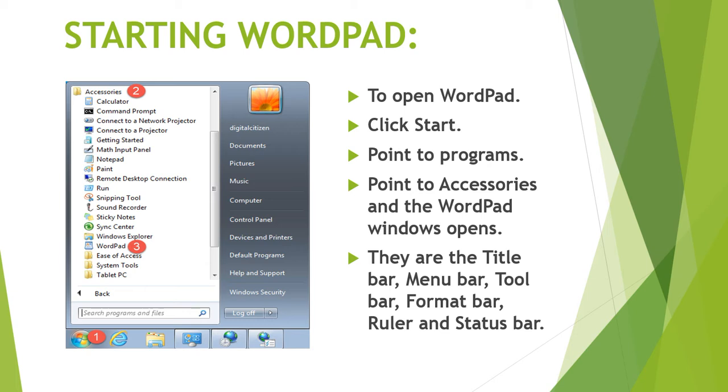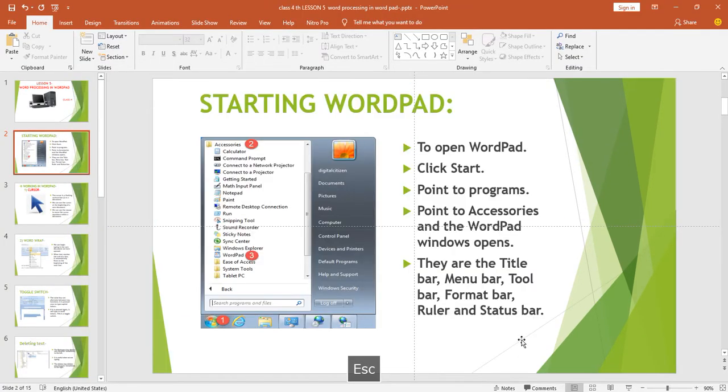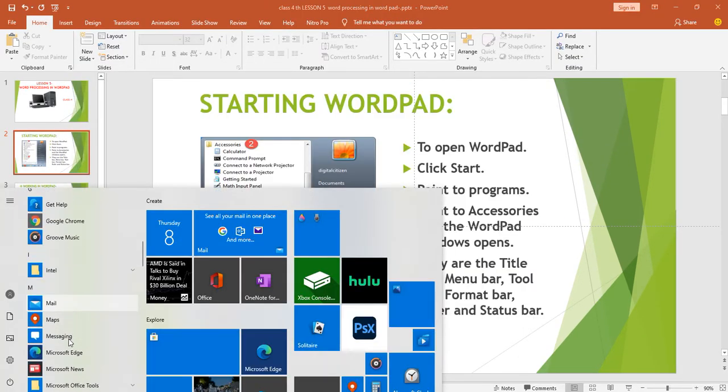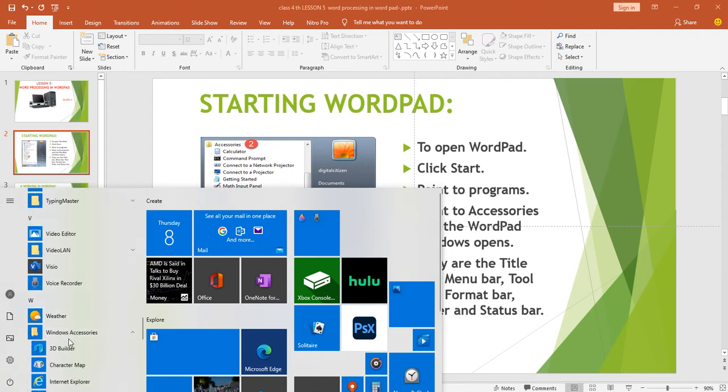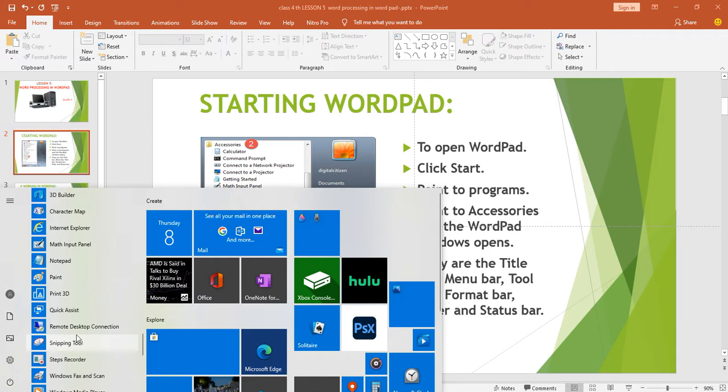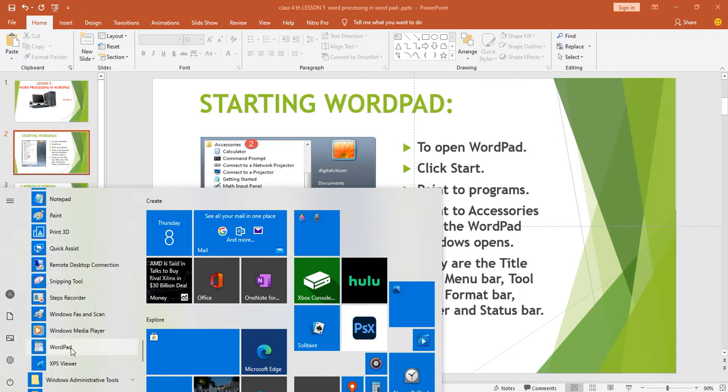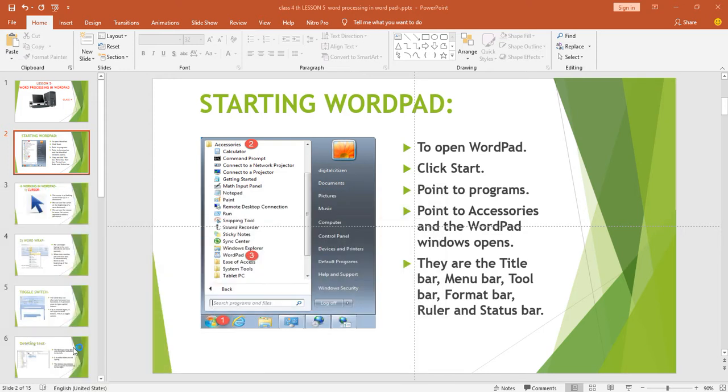First is starting WordPad. Students, to open WordPad, click on the Start button, point to Programs, go to Accessories, and the WordPad window is opened.